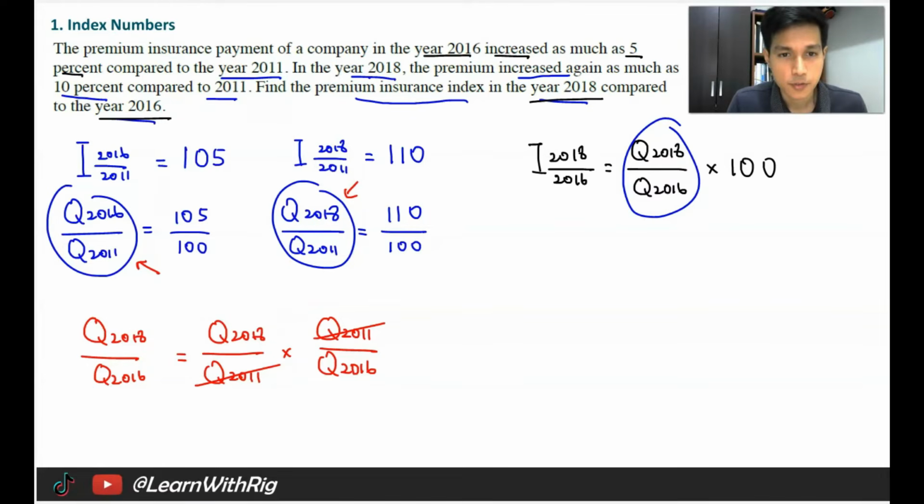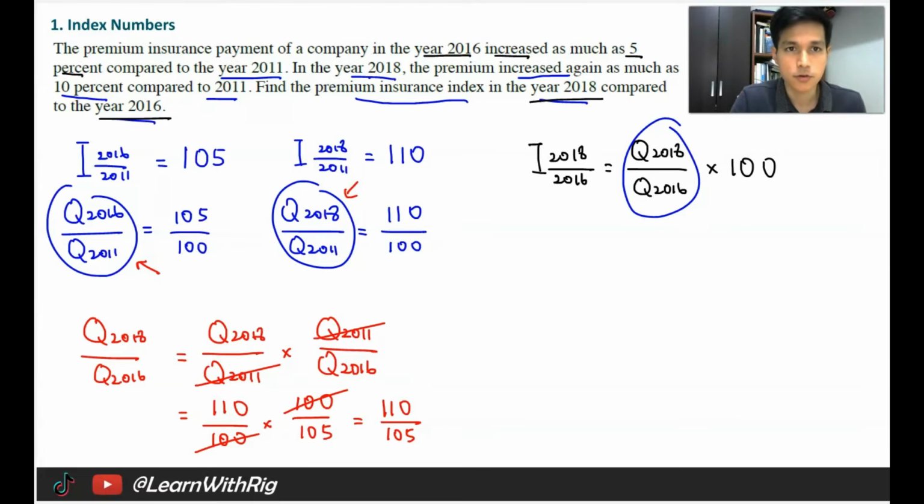So now you just substitute lah. 2018 over 2011 is 110 over 100 multiplied by 2011 based on 2016, which is the reciprocal of this, so it's going to be 100 over 105. So here you can cancel, and you get 110 over 105. Okay, so you just have to substitute into your formula now.